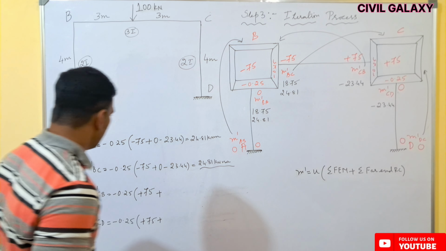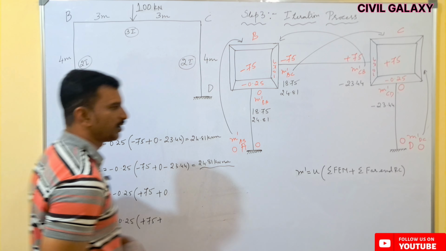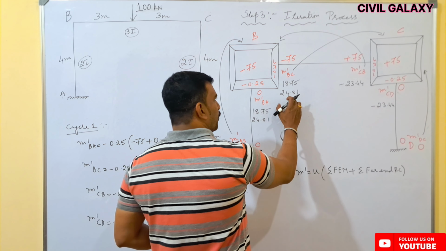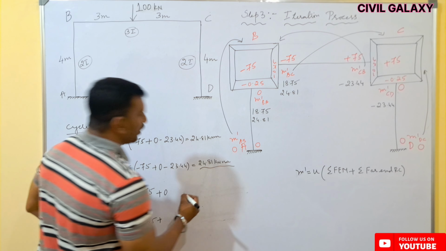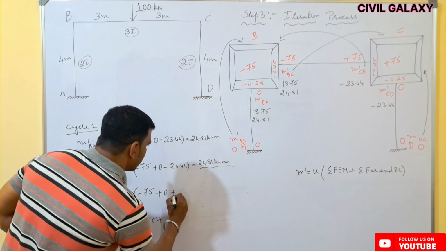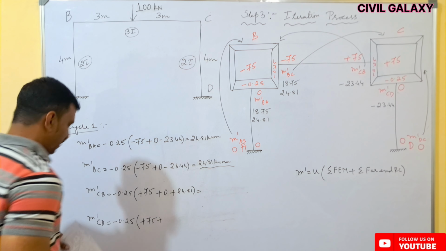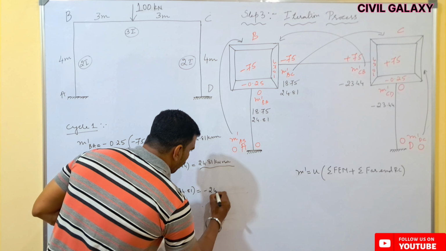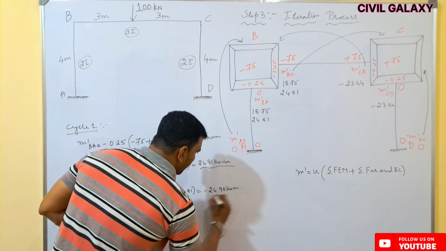So this value will put over here, which is 24.81. And here if we take the far end rotation contributions, here m dash DC is 0. Next we are getting a new iteration value over here for the far end rotation contribution, that is plus 24.81. So we are having a value of minus 24.90 kilonewton meters.